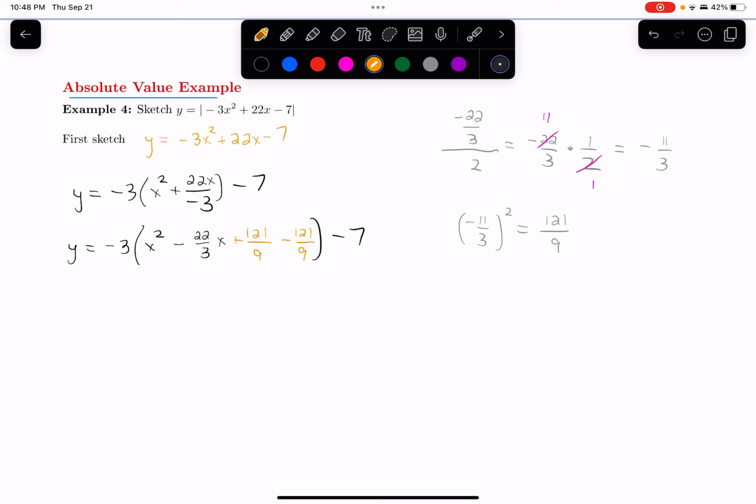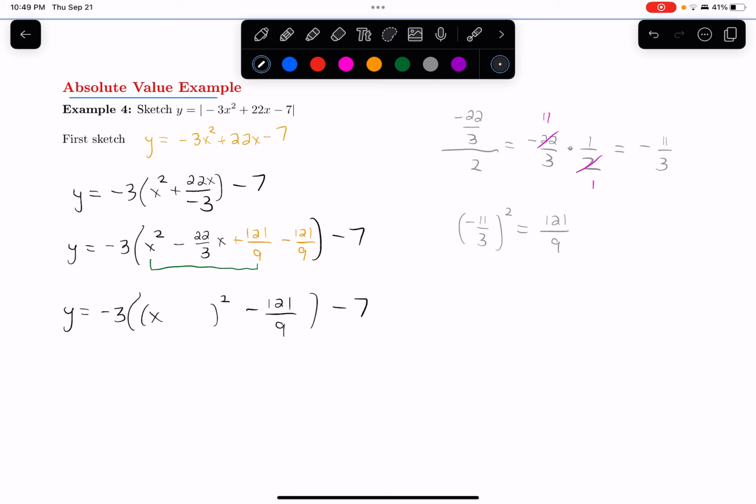So the addition and subtraction both have to happen inside of this parentheses. Now these three terms should just factor as a perfect square. So we've got y equals negative 3 times a perfect square, so I should get an x and then something squared, and that minus 121 over 9 should still be outside, and the minus 7 is still there.